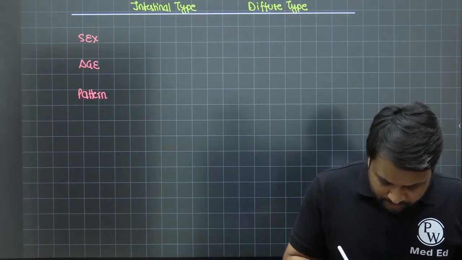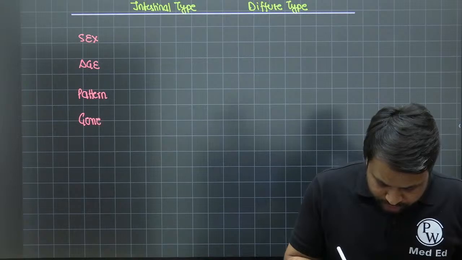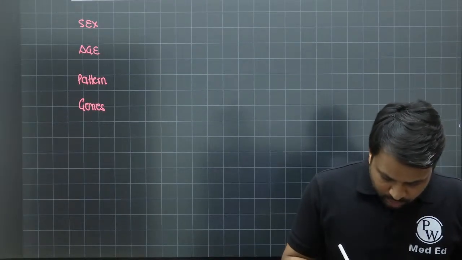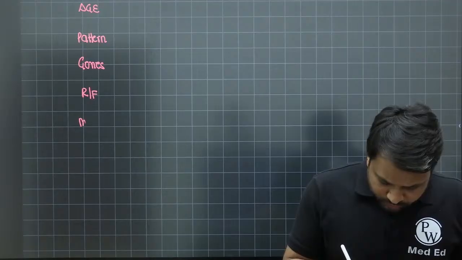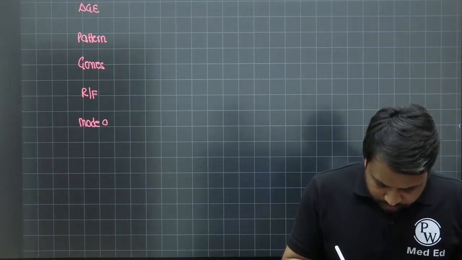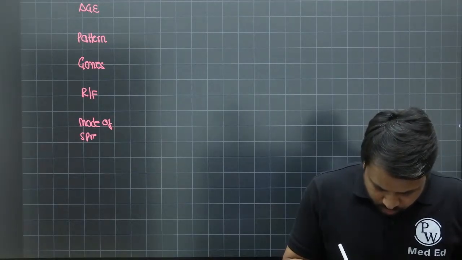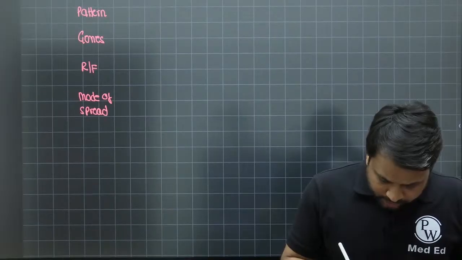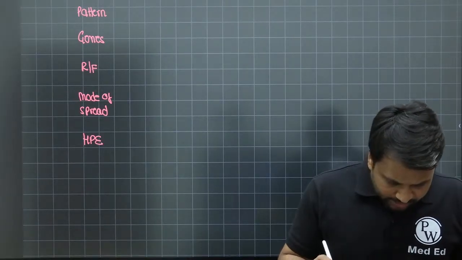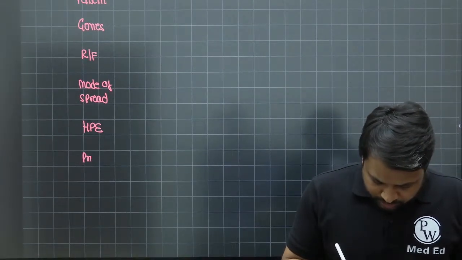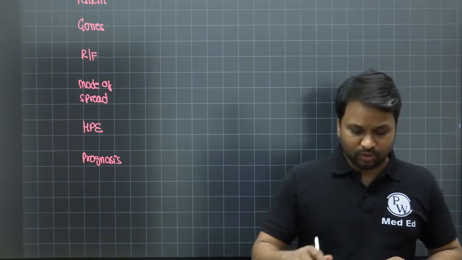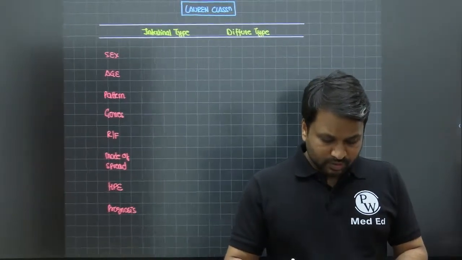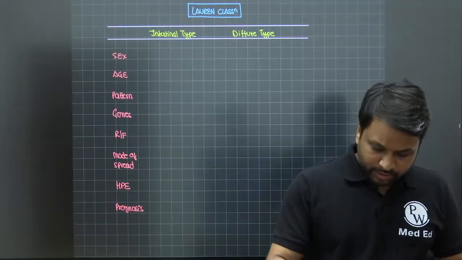Then we'll talk about any associated risk factor, the mode of spread, on histopathology what is the likely diagnosis, and the predictive prognosis. So this is what we are going to look into.